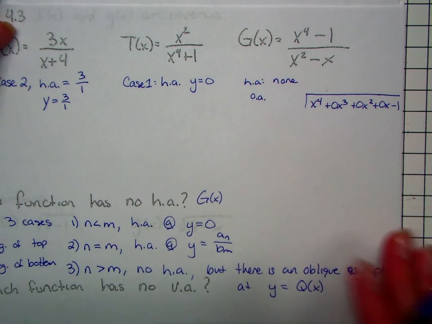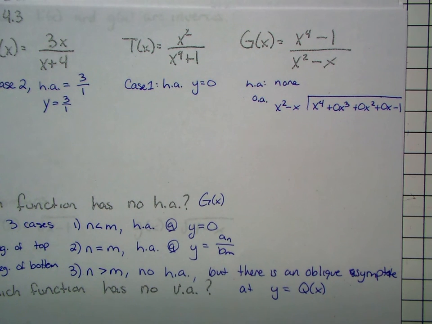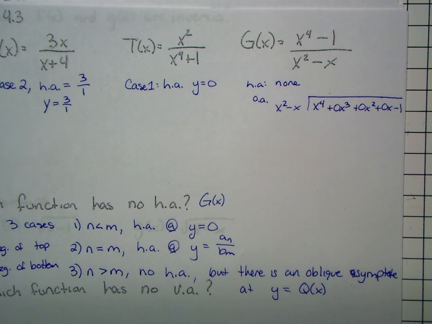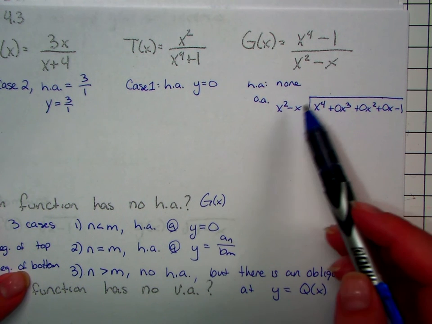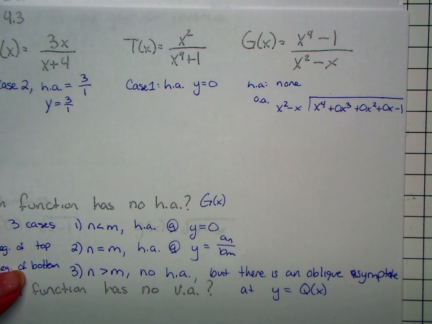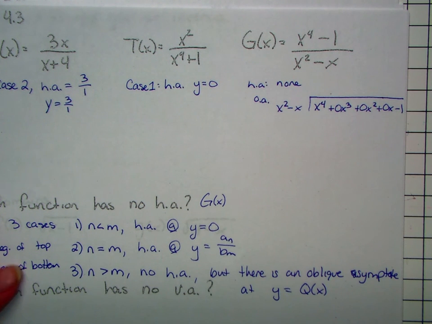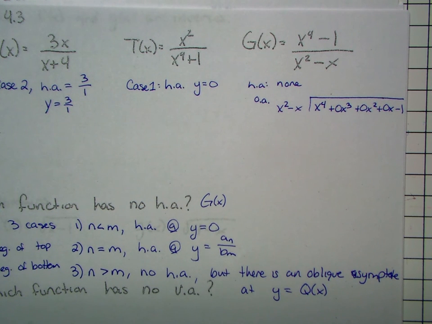Okay. So I'm going to divide that by x squared minus x. Now I have to use long division in this particular problem because synthetic division doesn't work, right? There's more than one zero here, right? You can only use synthetic division if your divisor is linear.